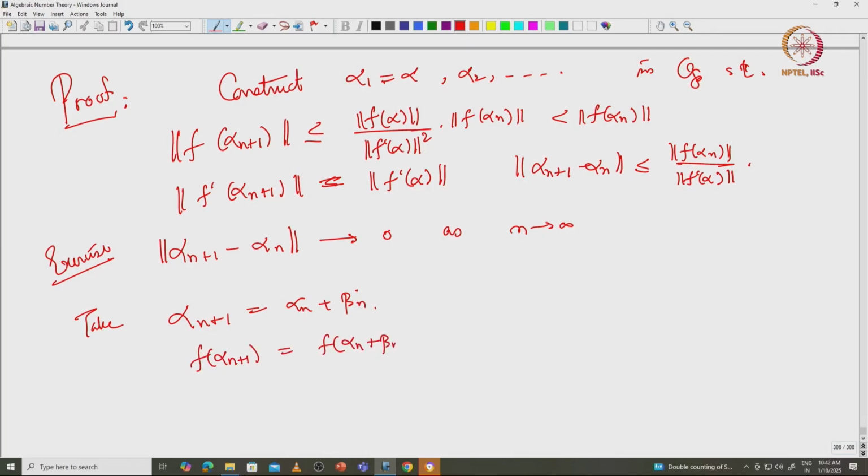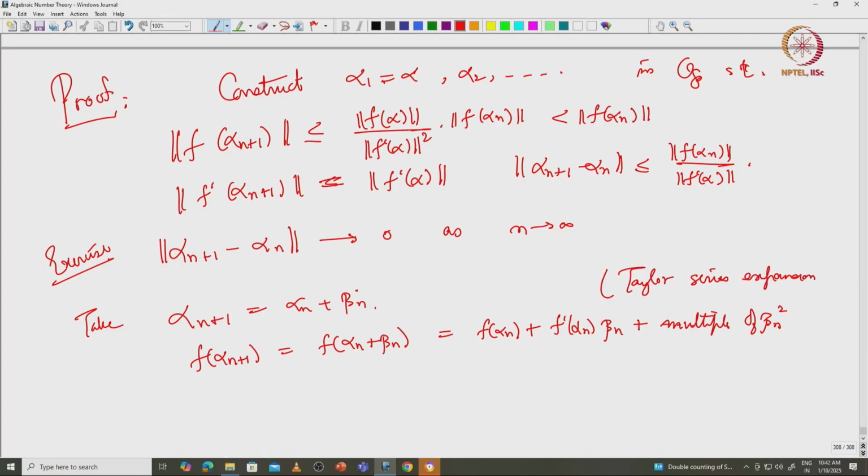So, I get f of alpha n plus f prime of alpha n times beta n plus a multiple of beta n squared. This is the Taylor series expansion, and this is only for polynomials, so it is kind of easy.